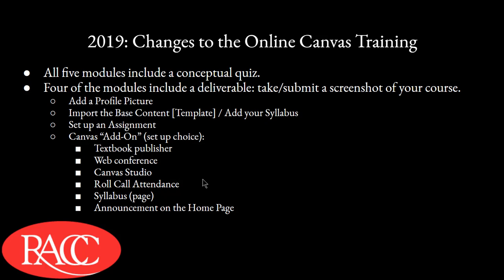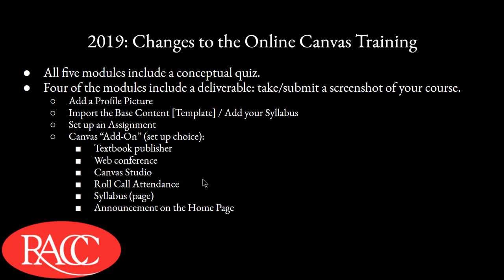So we want them to import that and then add their syllabus document to the first module and take a screenshot of that. And so they are working with the Commons, they're working with modules, they're working with uploading files, all within that assignment.